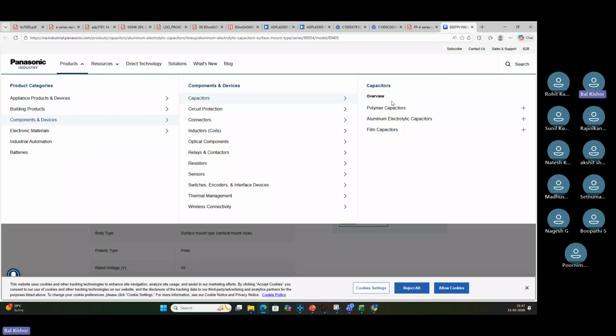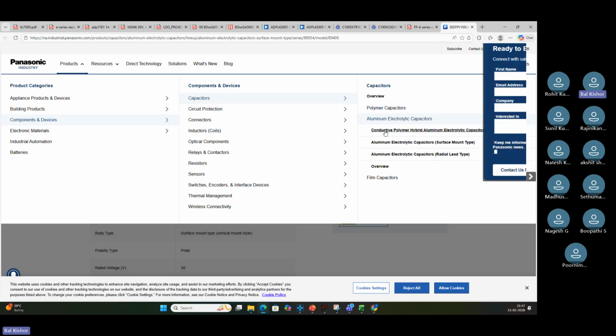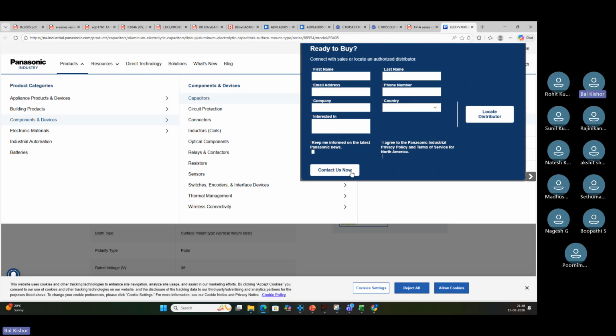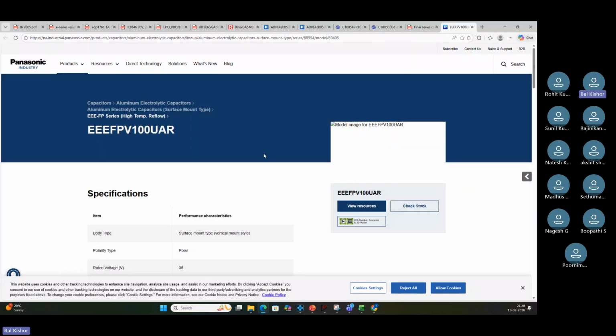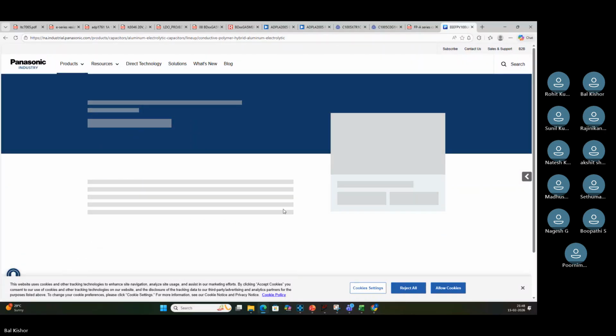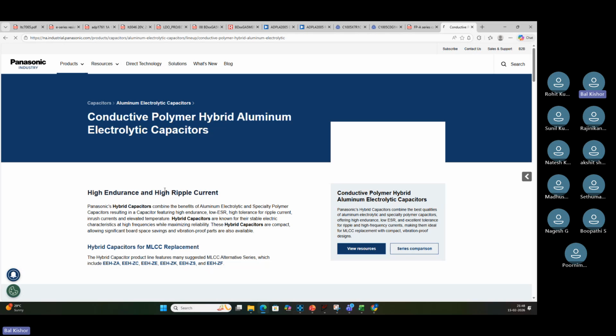Okay. So we have polymer capacitor or electrolytic capacitor. Polymer capacitors are there very nicely. This one. And hmm, they have come up with hybrid capacitors these days. Okay, that's what I wanted to show you guys.